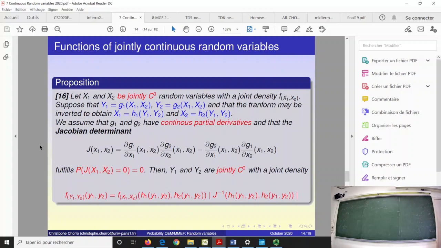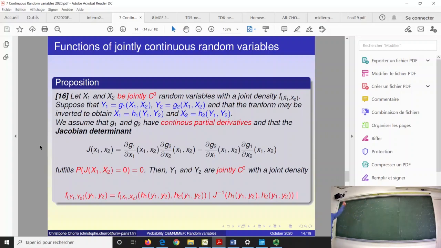When I follow a gamma distribution, I take values that are strictly positive. I have X of omega in R plus star, and Y of omega in R plus star.